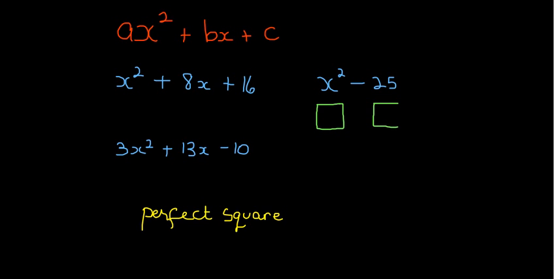Okay. And when we subtract, what are we doing? There you go. So this one is called the difference of two squares, because you are finding the difference of two squares, two square terms. So that's where that comes from, right?